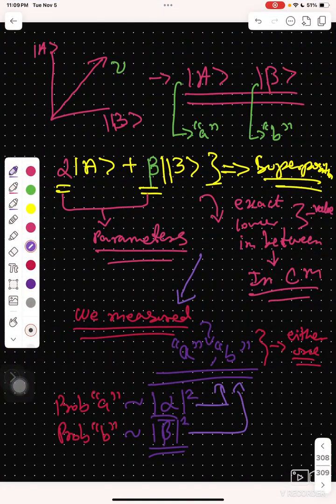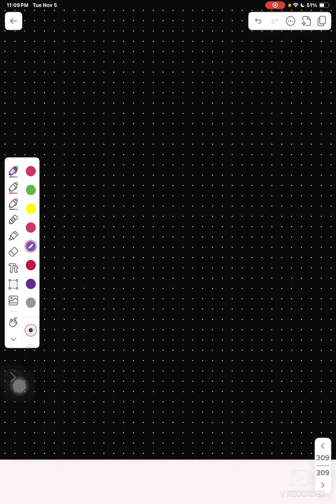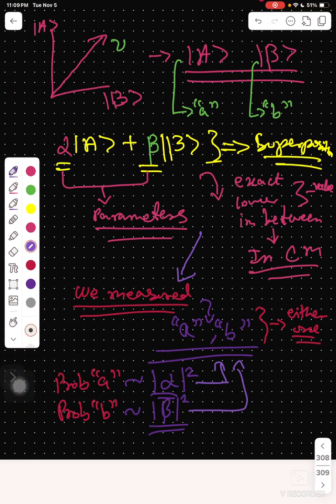Whenever you measure any superposition state, on measurement, on observation, that state will break, and you get one single exact value.